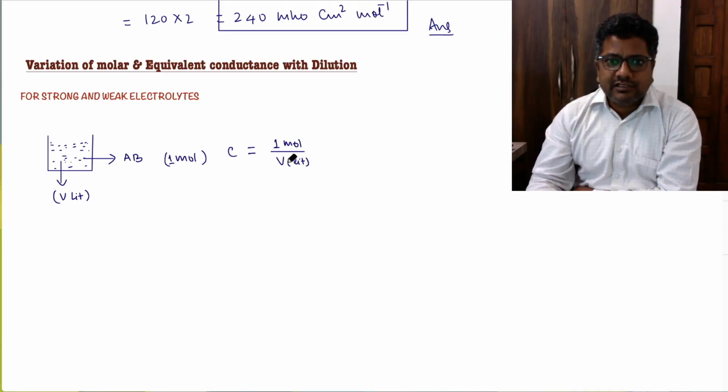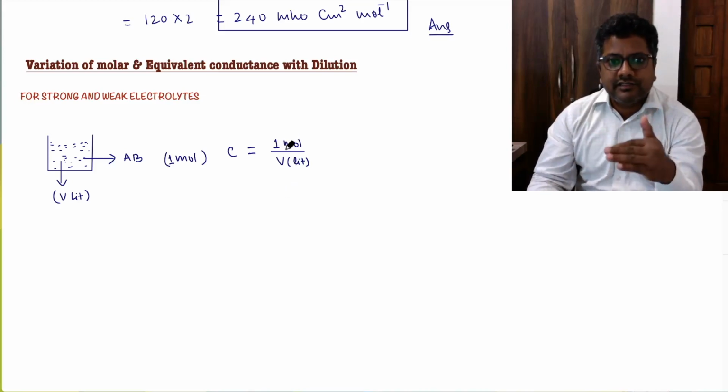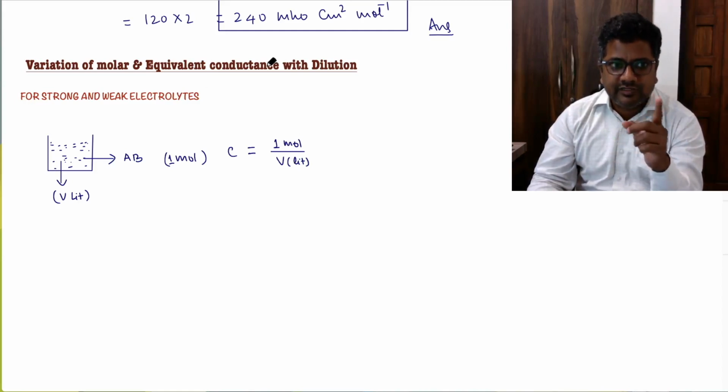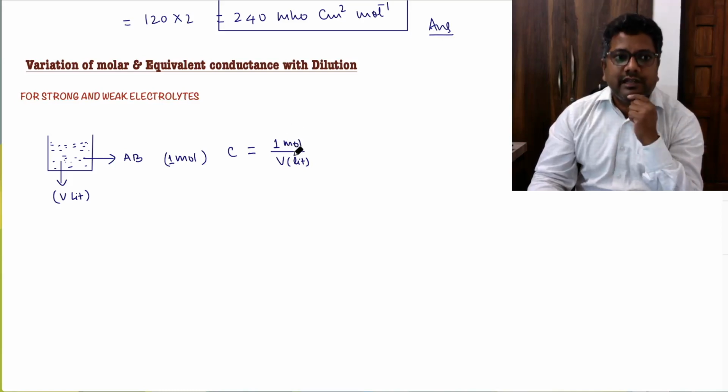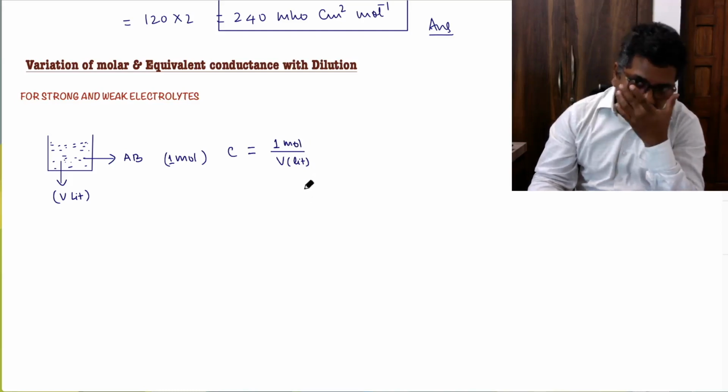As V changes, C also changes, because C depends on these two factors. I have made this 1 mole because in both equivalent and molar conductance, we have taken 1 mole of the electrolyte.